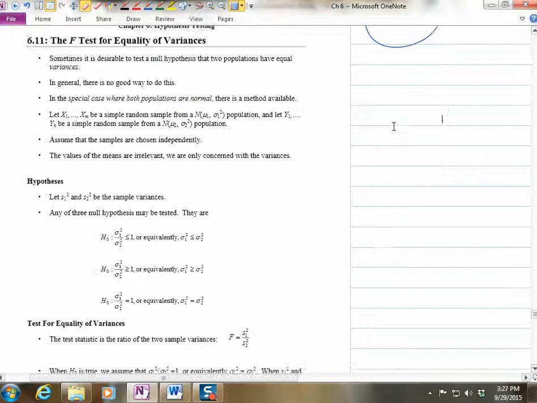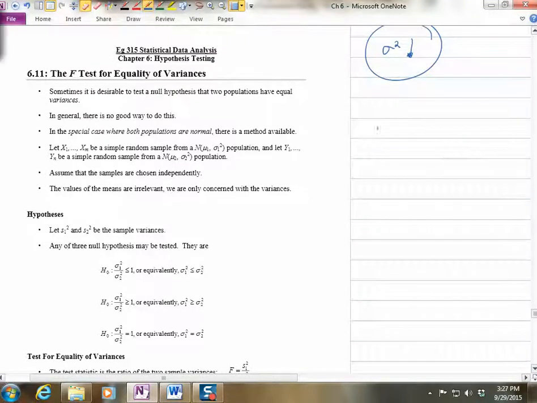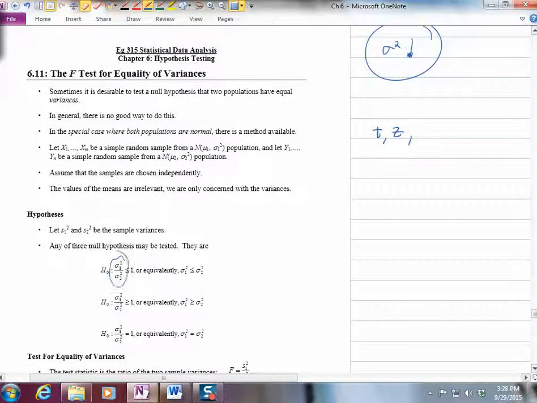Okay, so the statistics that we have, T and Z, don't help us out. The distribution that we have that models variances, and we're just going to present it without development, is the F distribution.